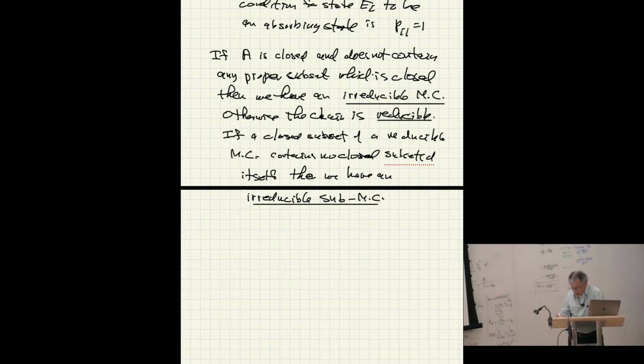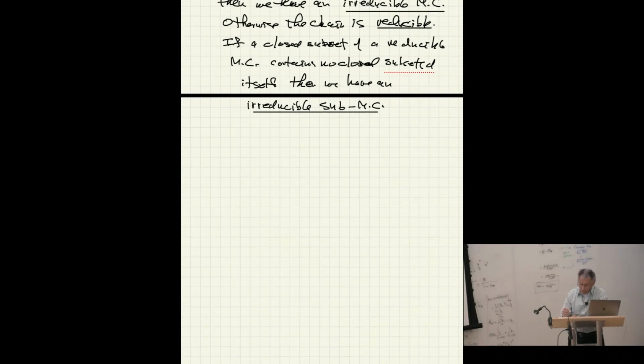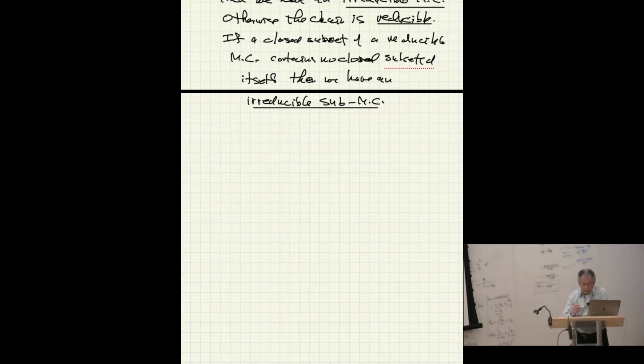So just define that. Okay, now going a little further. Again, I'm just throwing definitions out at you. We're going to be using these terms as we go along.